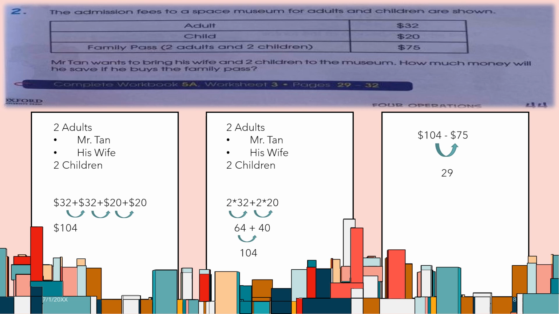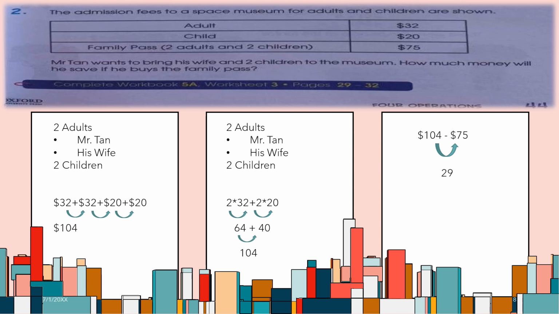Either we add 32 to 32 and then the resultant to 20, and then again the resultant to 20. And the other method is that we multiply 32 by 2 as there are 2 adults, and then add the multiplied amount of 20 into 2 as there are 2 children.